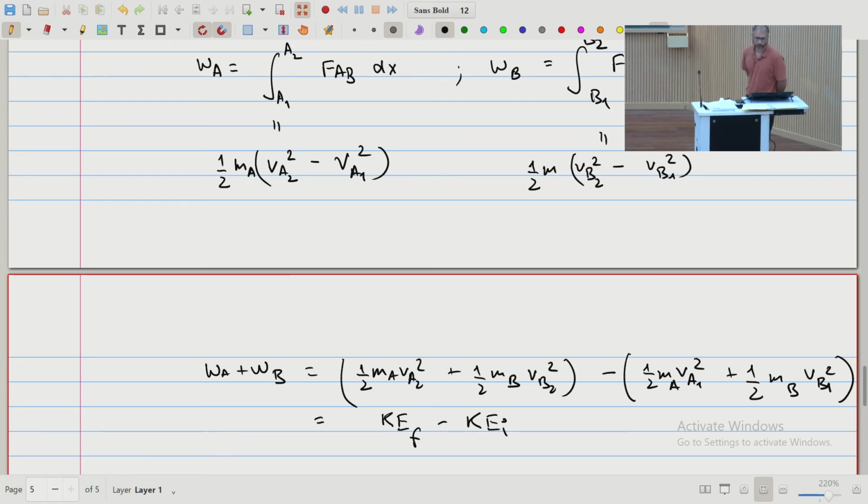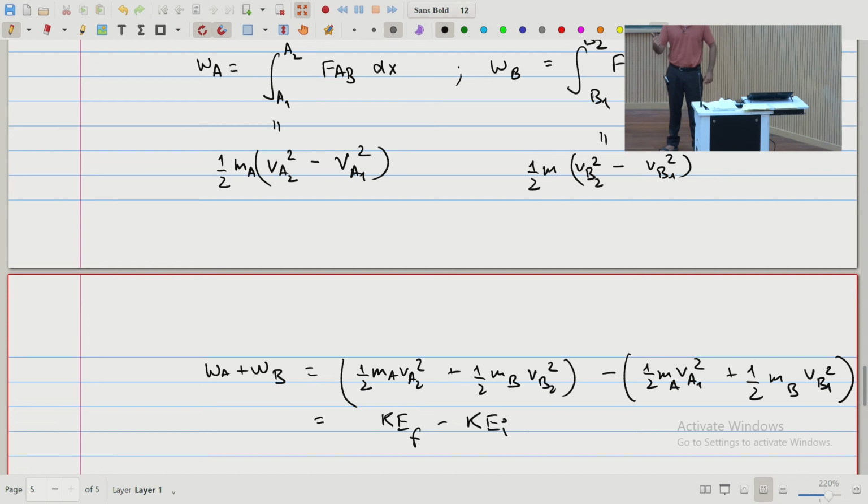Now when you have a system of two particles and the particles are applying equal and opposite forces on each other, these forces are called internal forces. So for a system, internal forces are applied by the particles on each other. Now the tendency we have is to think internal forces get cancelled, as they are equal and opposite.